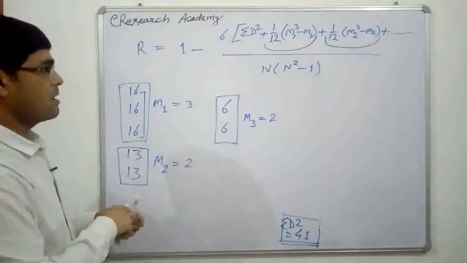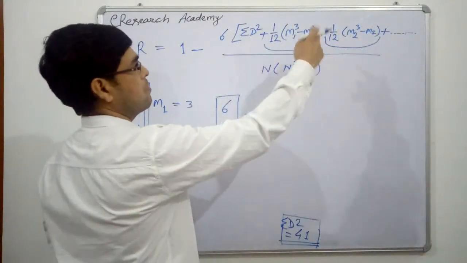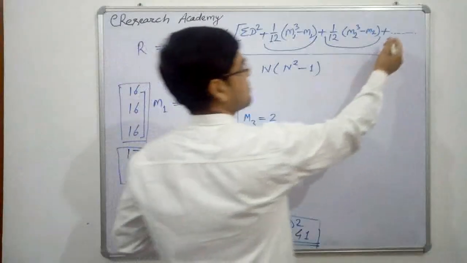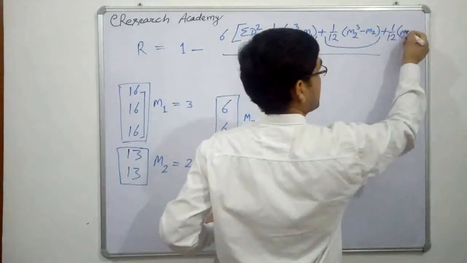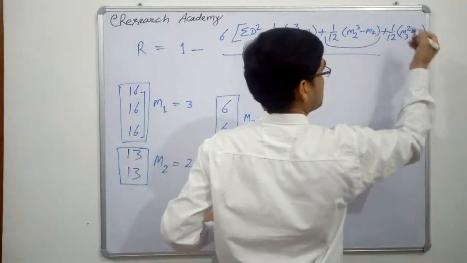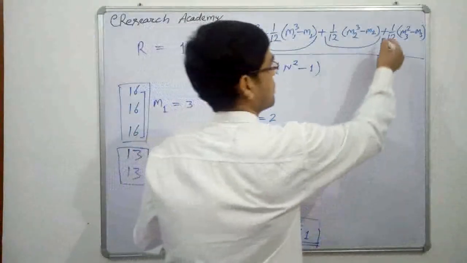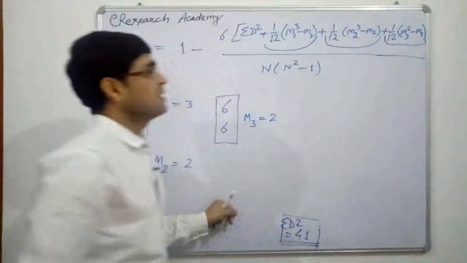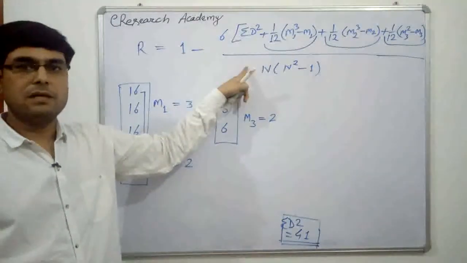Now our formula will be as, add one more term here, that is plus 1 by 12 (m3 square minus m3). Now our formula is completed in this question.